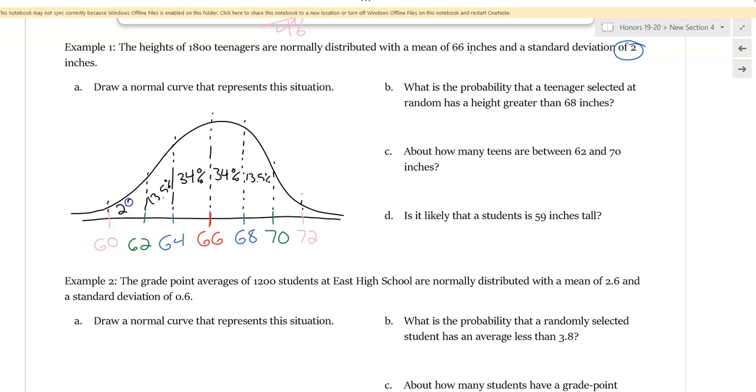The next 2 are 2%. And finally, on the outside, we have 0.5%. Okay, so again, those have to be memorized at some point. All right.